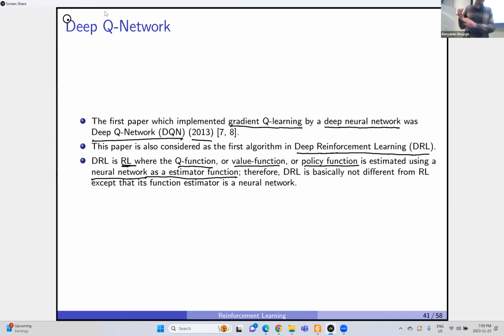A function which tells you the Q, a function which tells you the value V, a function which tells you the policy pi. Each of these can be approximated by a nonlinear neural network. If you do that, it's called deep reinforcement learning because you're using a neural network. Therefore, DRL is basically not different from RL, except that its function estimator is a neural network.